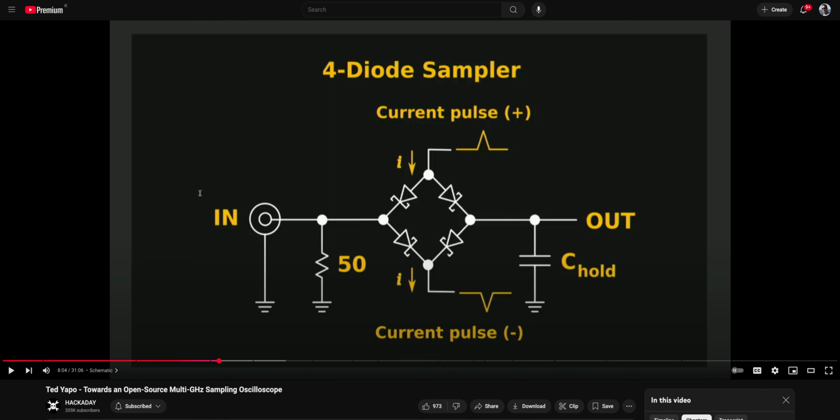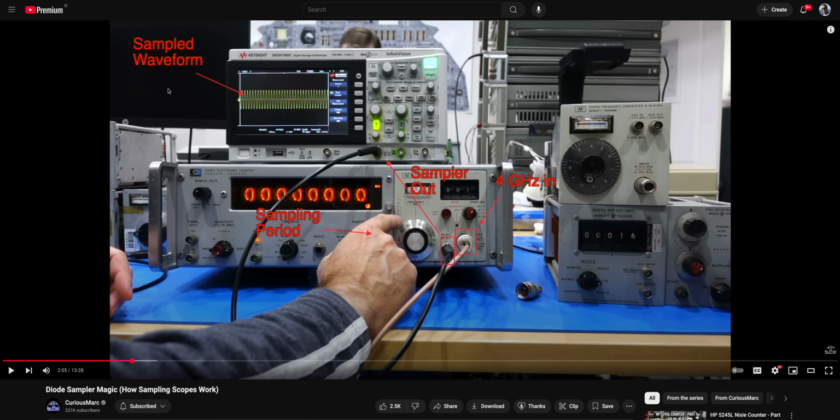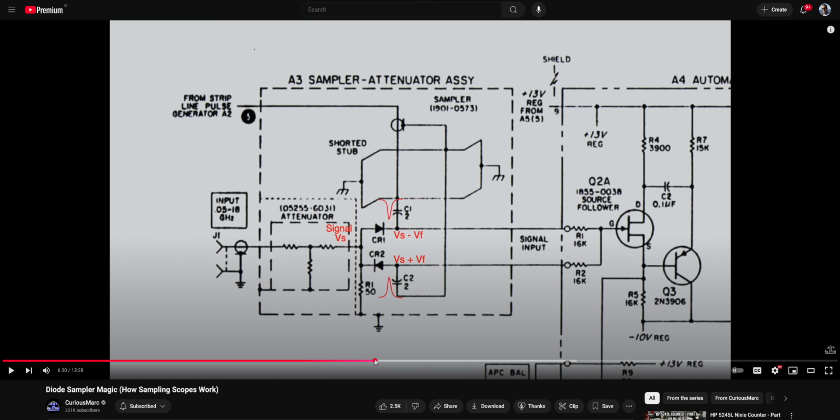We can see a low-level explanation of this technology, and here we have it again with Curious Marc, where he goes deeply, in a masterful way, into the schematics of this prescaler.